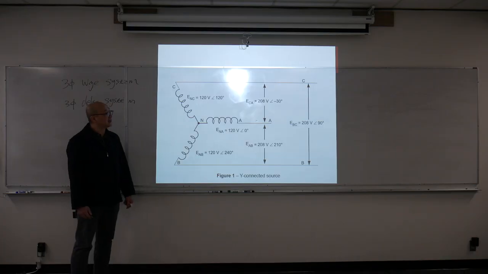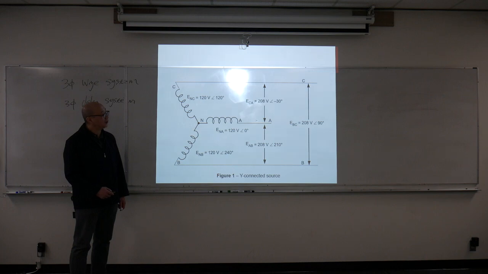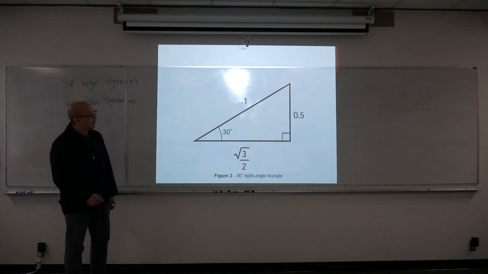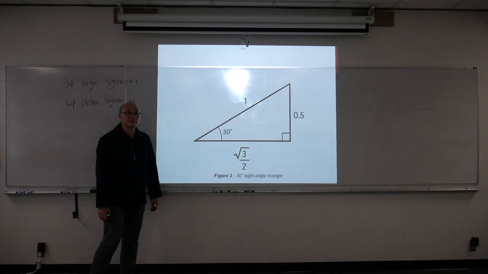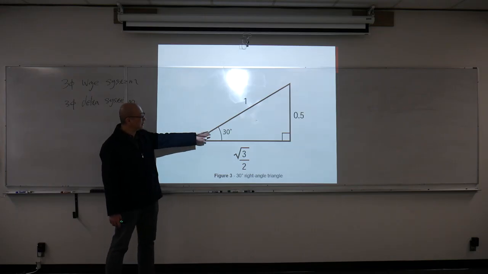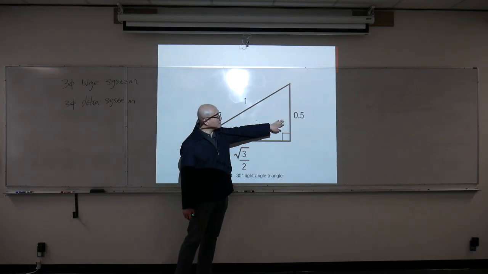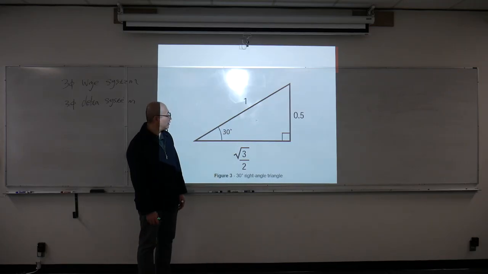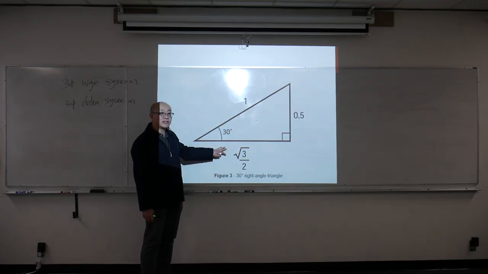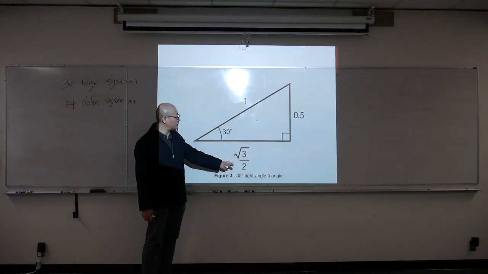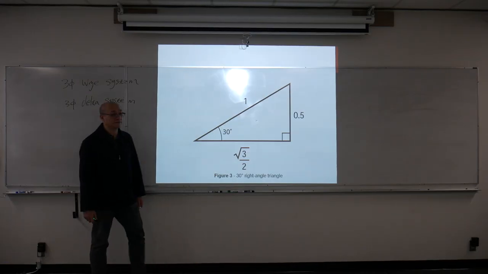How can we find that number? We can use phasor or vector subtraction, or there's a famous triangle in three-phase systems. It's a 30-degree triangle. The hypotenuse is 1. The opposite side is half of the hypotenuse, and the adjacent side is root 3 over 2 of the hypotenuse.